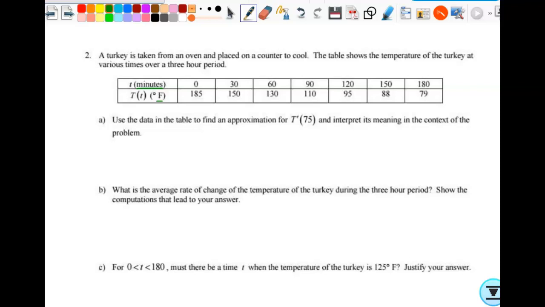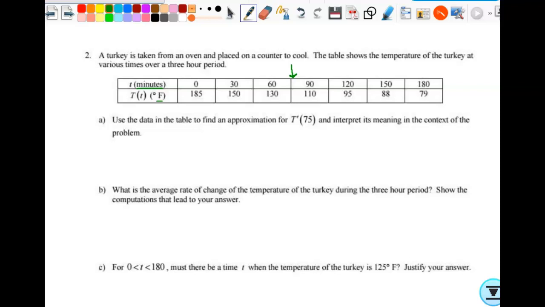So it says, use the data in the table to find an approximation for T prime of 75. So T of 75 would go right here. If I want T prime, which is the derivative, that means I want the rate, right? The rate at which the temperature is changing at 75 minutes. So what do I have to do here?